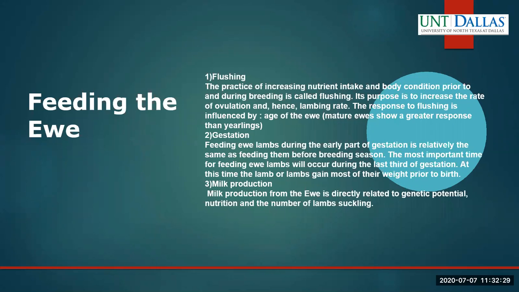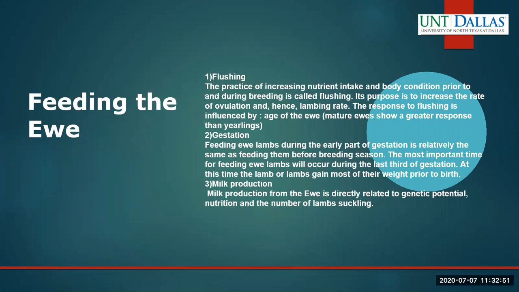Gestation is the other practice. The gestation length of a ewe is approximately 5 months, that's about 147 to 150 days. Feeding ewe lambs during the early part of gestation is relatively the same as feeding them before breeding season.